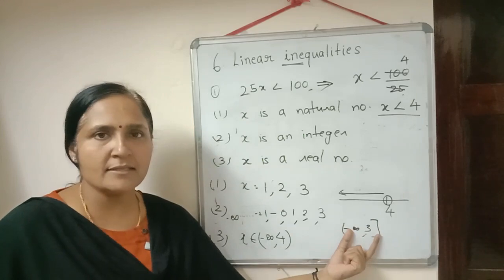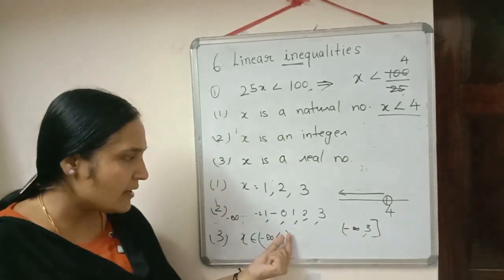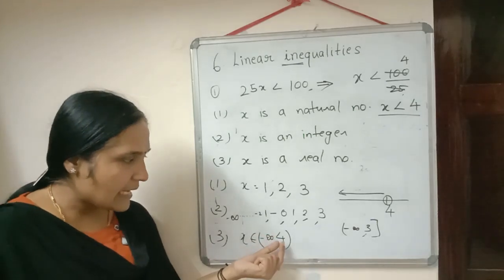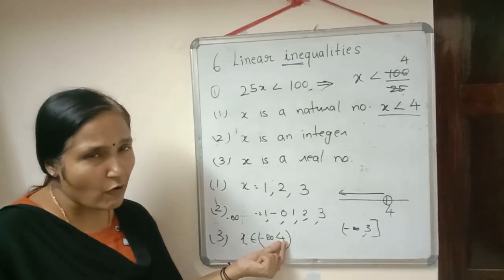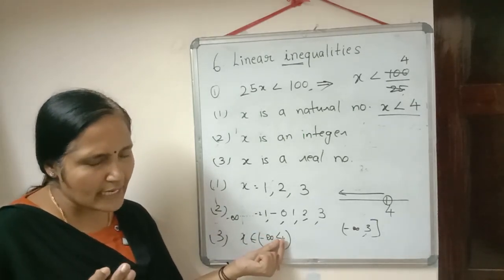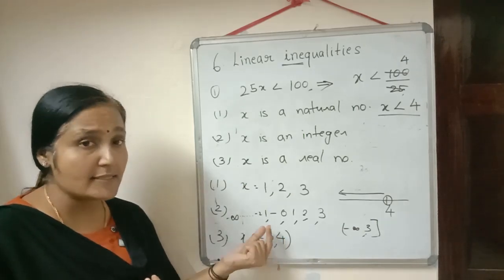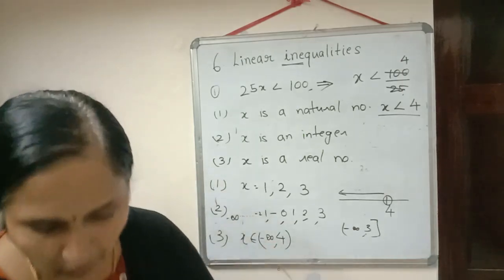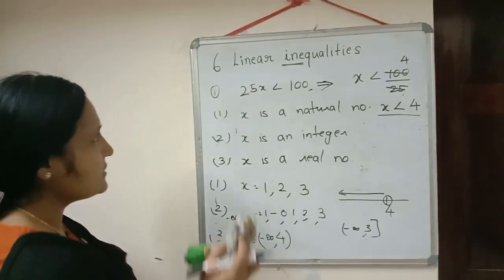That's why we are using the concept of open interval. It means x will not take the value 4. Except 4, x can take any other value which is smaller than 4. Is it clear? Okay.